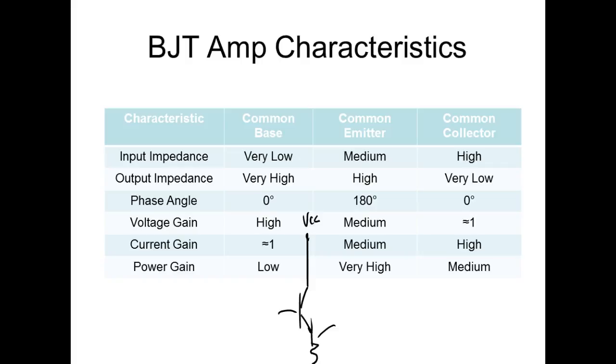So what we do is we look at what? If I look at a common base, I know we input on the base, and we're going to output on what?